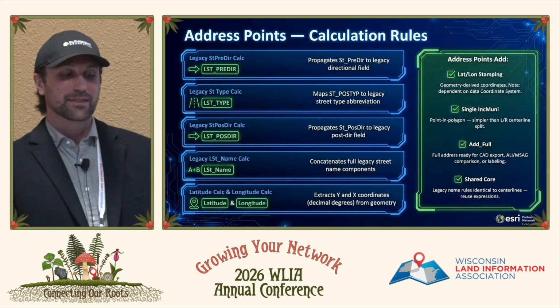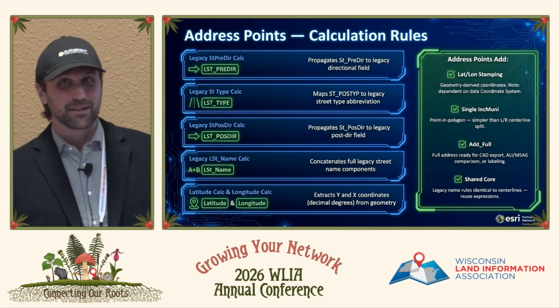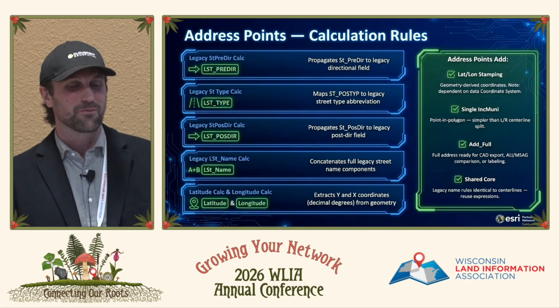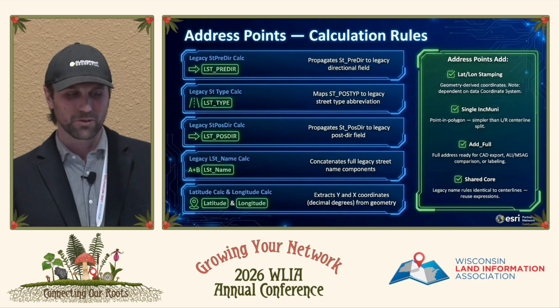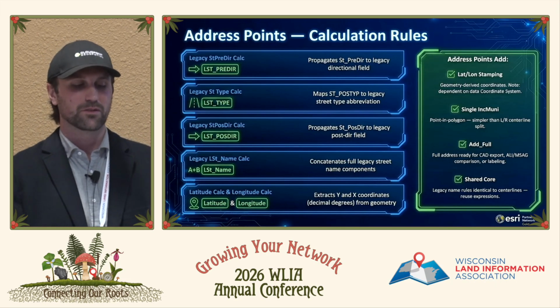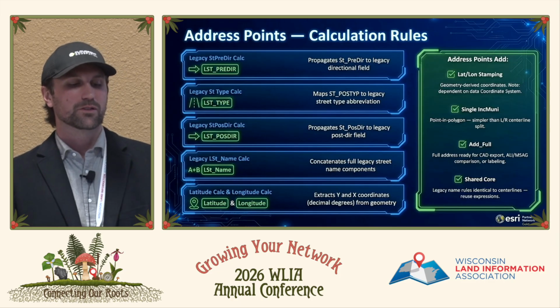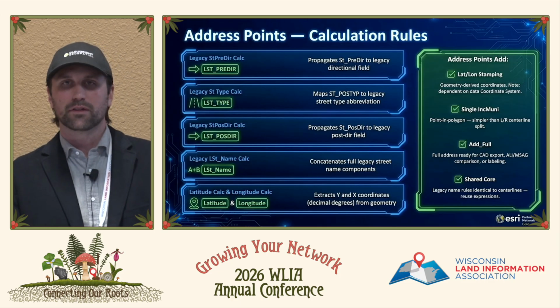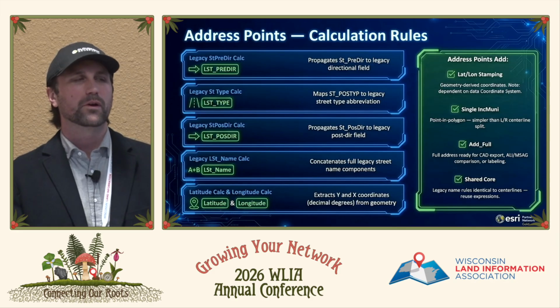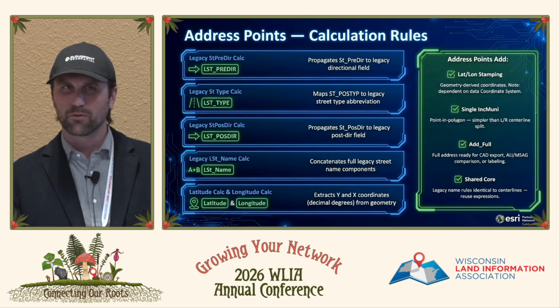Moving on to address points, you can see there's some repeat because we're dealing with some of the same fields. So pre-direction, types, post-directions, those are all valuable. And then the legacy street name, this is one of the more complex rules that I'll work with.